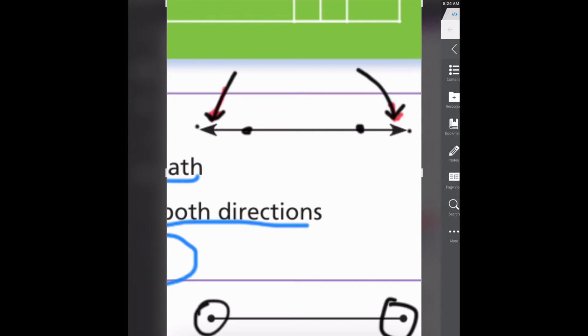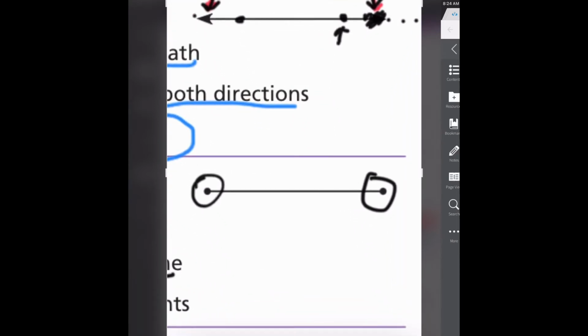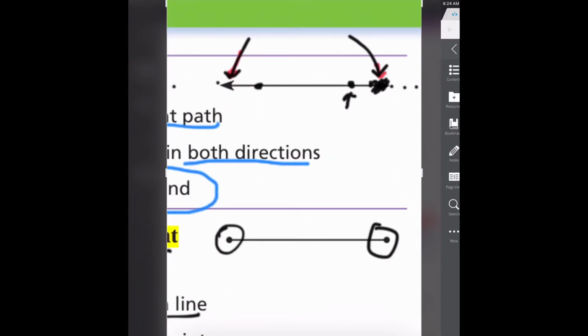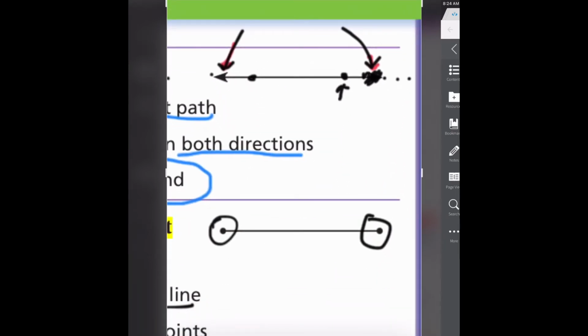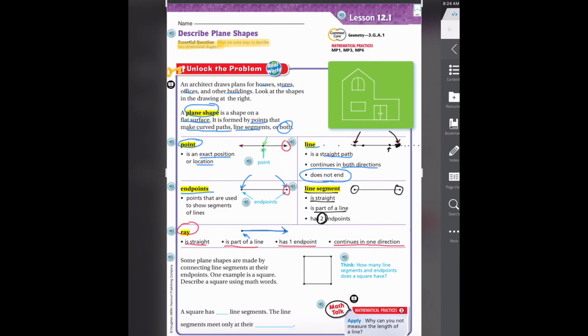So no matter where I put a point, it will never be an endpoint on a line. We have to get rid of the arrow, and then we could have an endpoint. That's what we have here, endpoints. So this is a line continuing on forever. This is a line segment because it has the two endpoints.